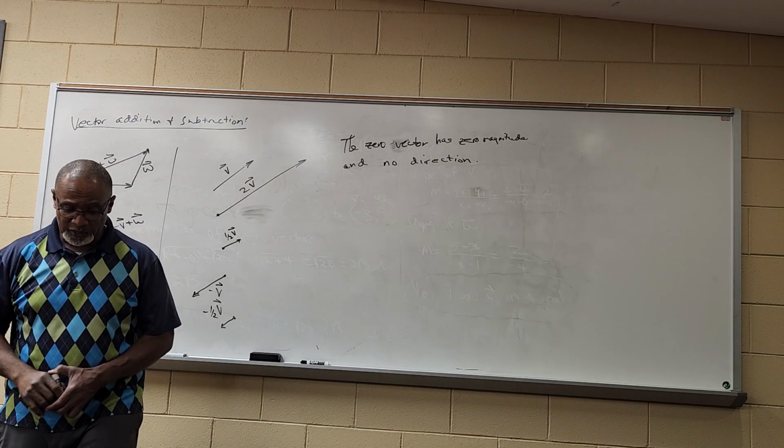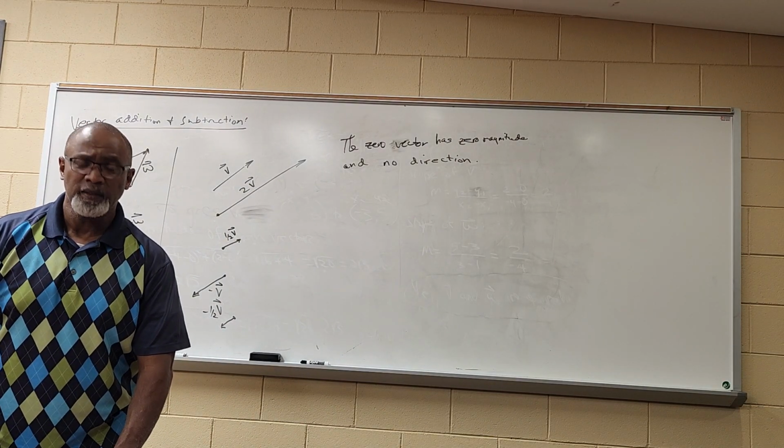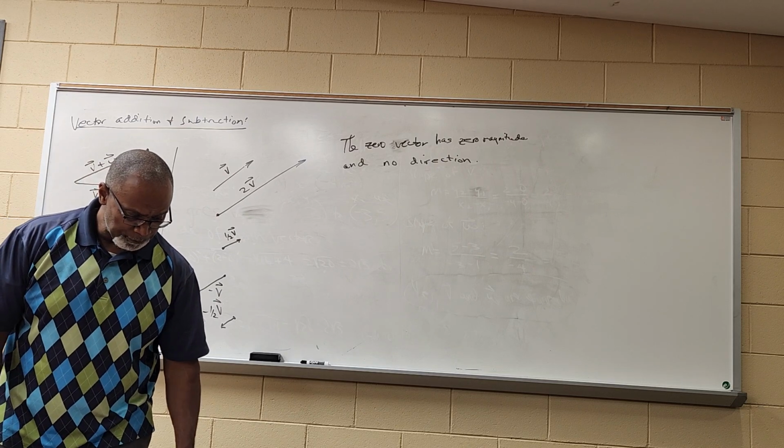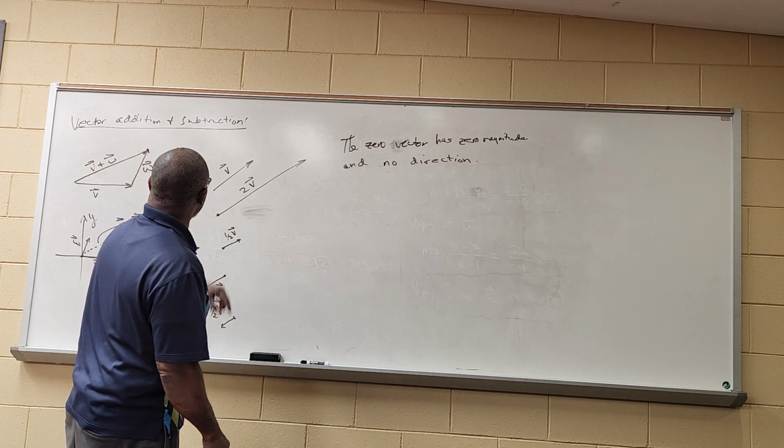It's just a concept more than anything else. It's just like 0 is for the real numbers or the whole numbers. There's a concept of a 0 for the vectors. All right? So now let's go back to addition and subtraction.